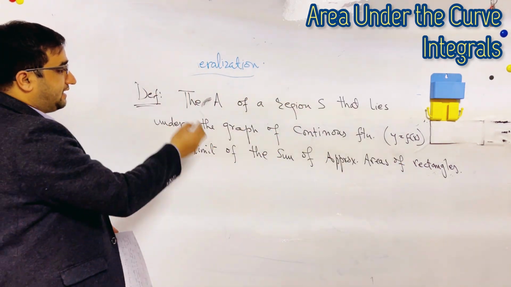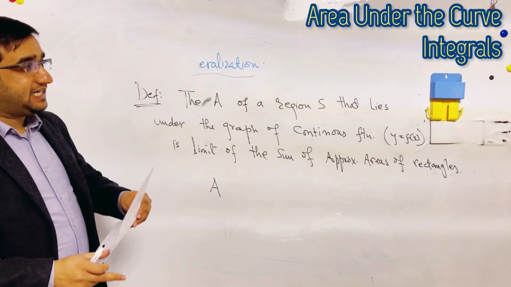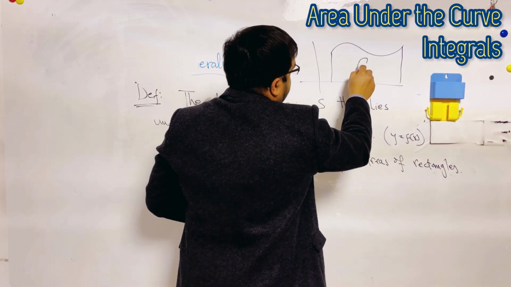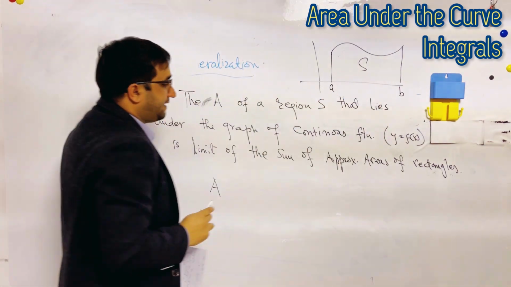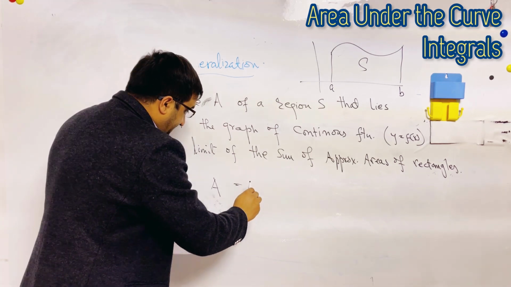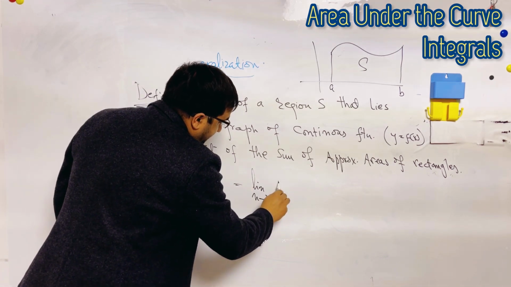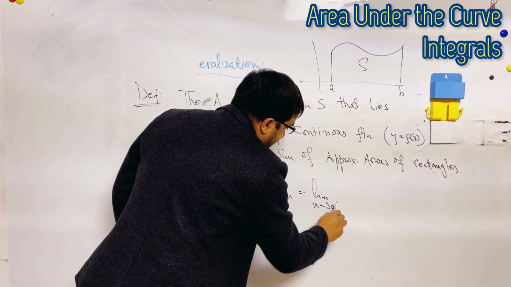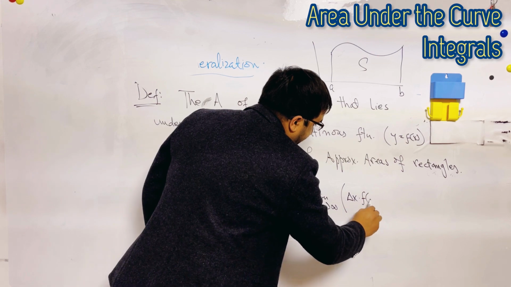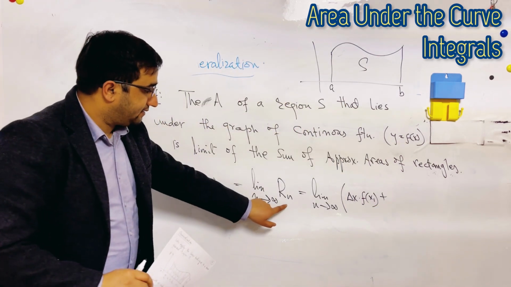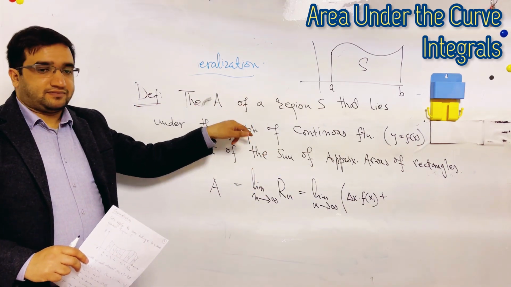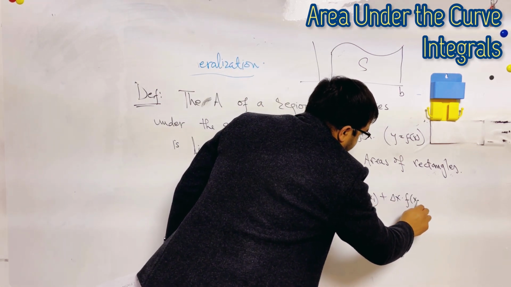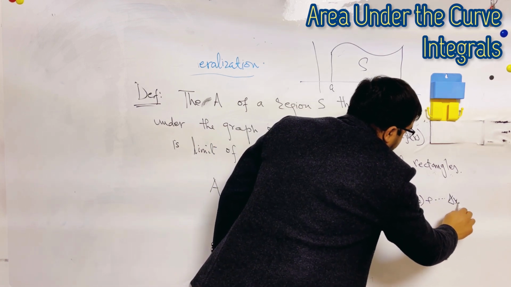So according to this definition, if I want to write it mathematically, the area of any region, for example in this case the region between A and B, the area A is equal to the limit as n approaches infinity of Rn, that is the limit as n approaches infinity of delta x dot f of x1 plus, as I just wrote, Rn was delta x dot f of x1 plus delta x dot f of x2 plus and so on, delta x dot f of xn.